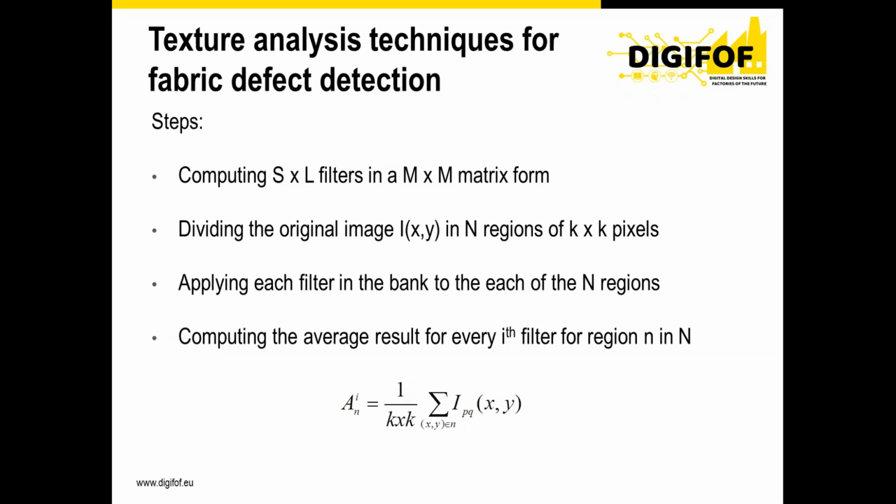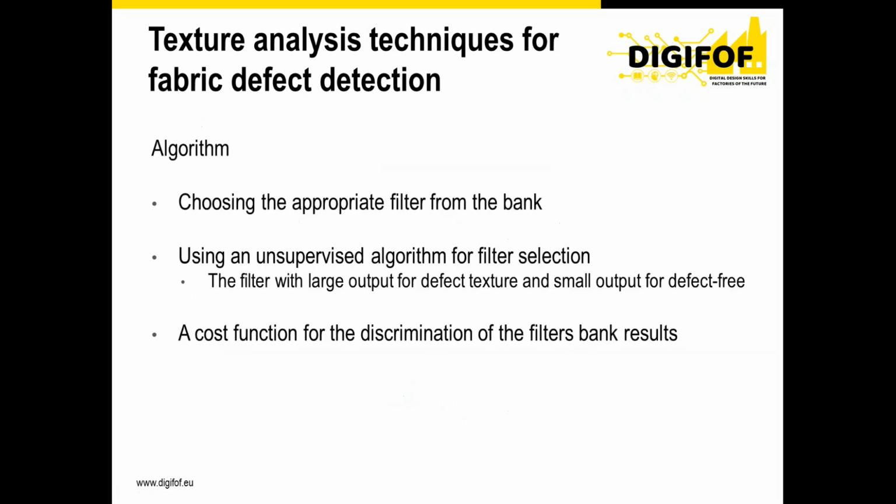And we do not have any knowledge about the position of the texture in the image. And in this case, we do not know the position of the texture in the subregions that we are trying to obtain by dividing the image in n subregions.